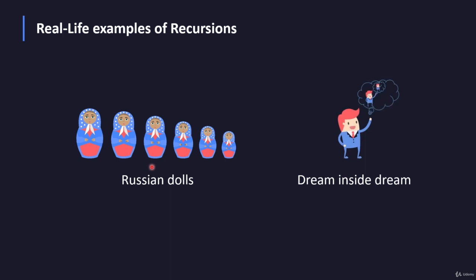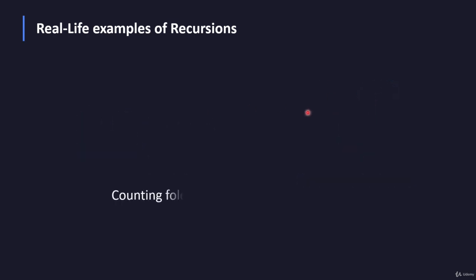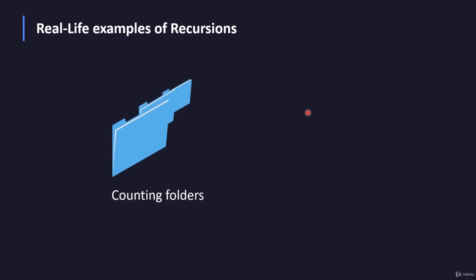You know, the times when you dream a dream, where you dream a dream, where you dream a dream, and so on, in some recursive manner. Okay, so that's also kind of an example. Also, we have counting folders in a computer. Okay, so there is a folder inside a folder inside a folder until you reach some folders that don't have any subfolders inside of them.